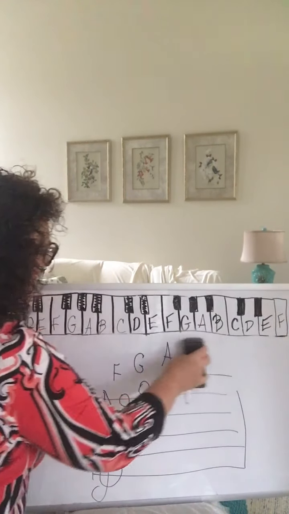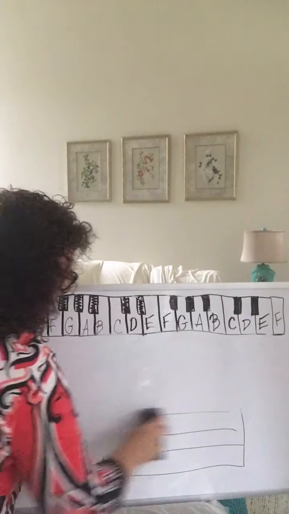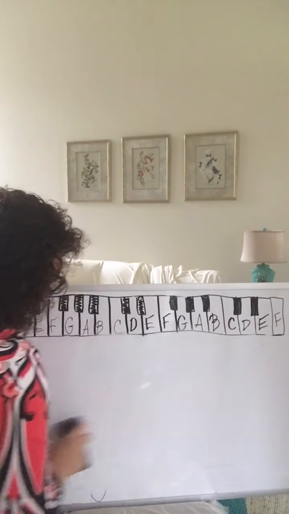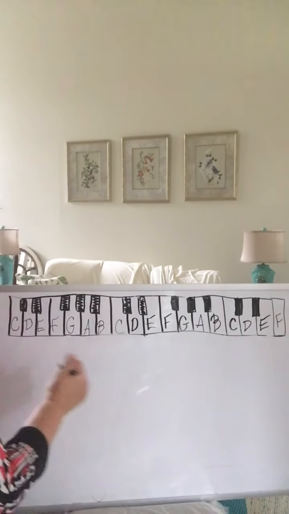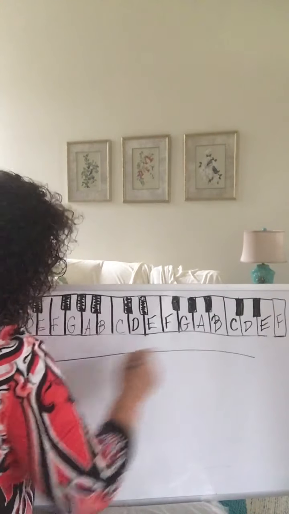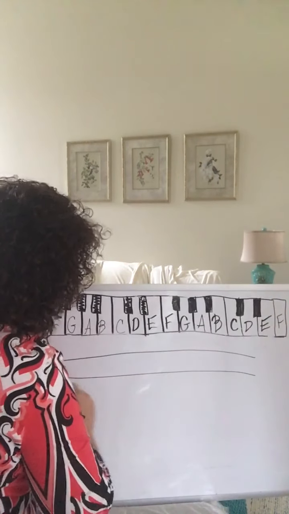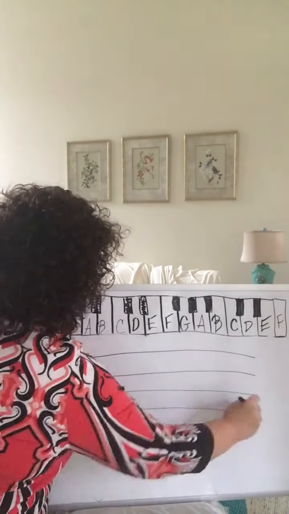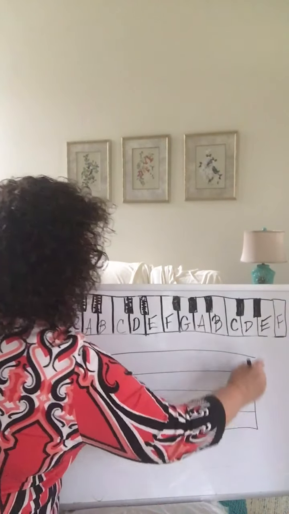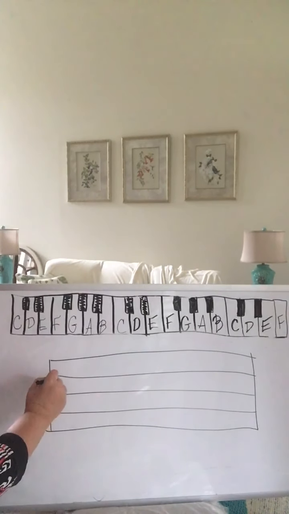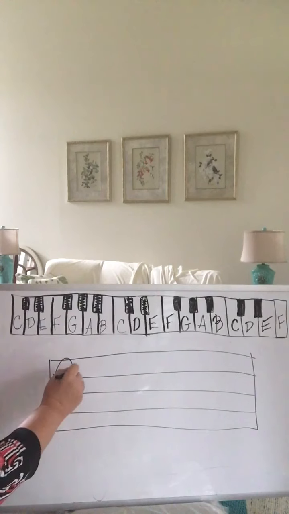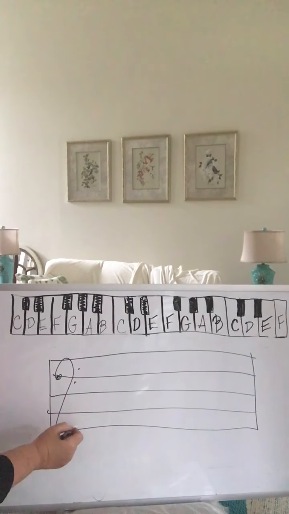For bass clef, you're going backwards in the alphabet because you're going down. Okay, so remember, our bottom line is a G. That's a line note.